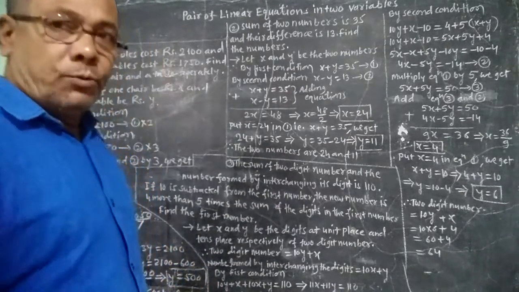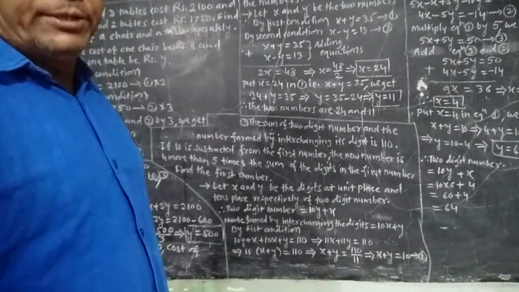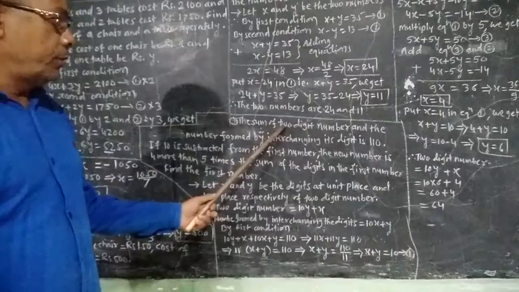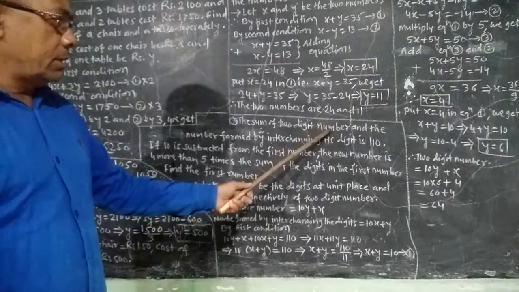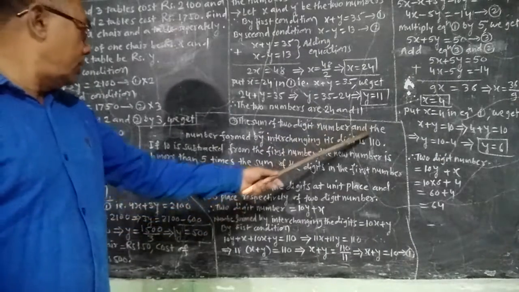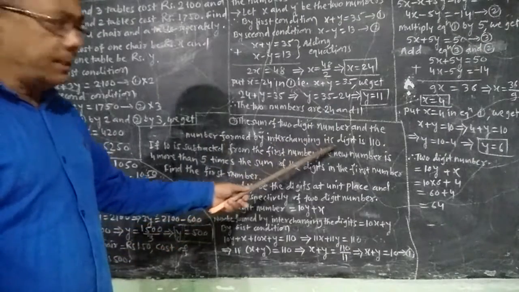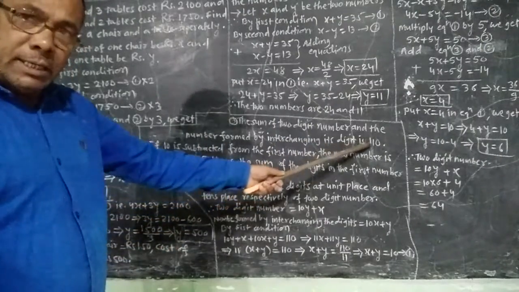Now here we have one more example to see. The sum of a two digit number and the number formed by interchanging its digits is 110.